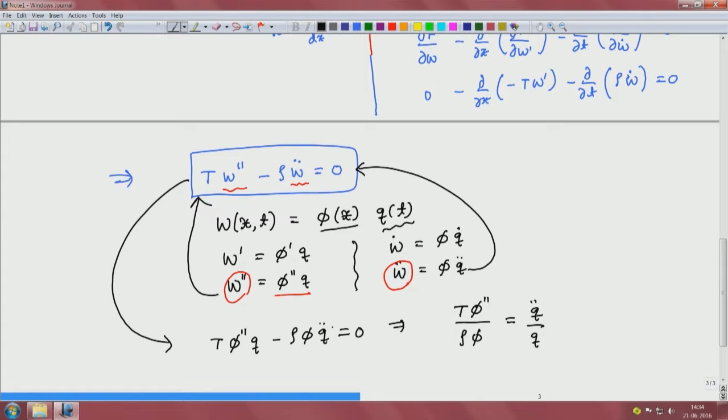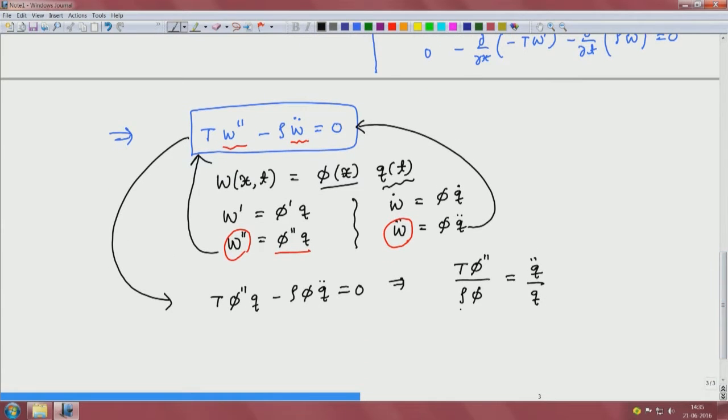We arrange them so that things that depend on time are taken to the right hand side, that is q and q double dot. Things that depend on space, phi double prime, are on the left side, and given constants, tension in the string T and linear mass density, that is mass per unit length of the string, rho, are on this side.